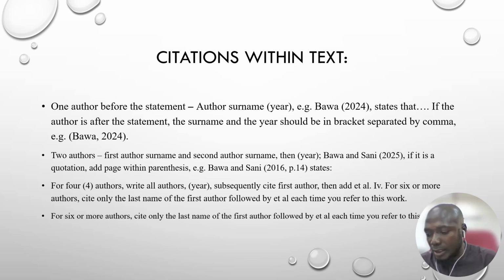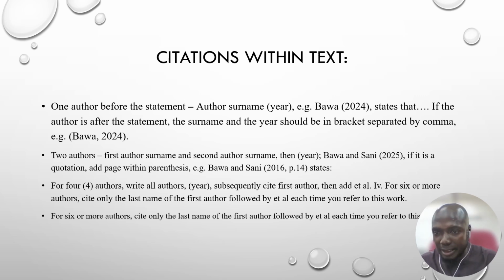Then you state what I have said. Or you write it after what I have said. If I say that I discover that students have good knowledge, I suggest that students have good knowledge of the format of writing research.